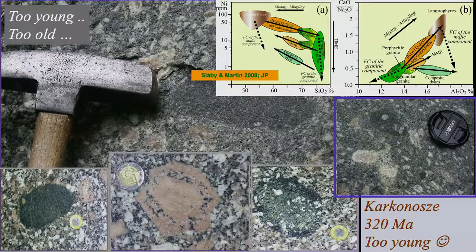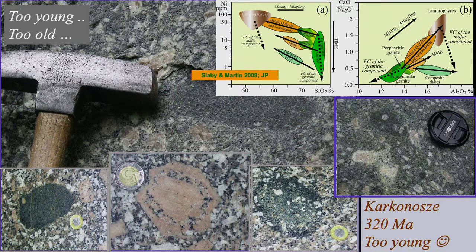And during talks, he asked me my opinion about the most interesting magmatic rocks in Poland. So I told him, of course, the composite pluton, because it has two magmas from the mantle and from the crust. And he asked me, and the age? And very proud, I told him 320 million years. So the answer was too young for him.